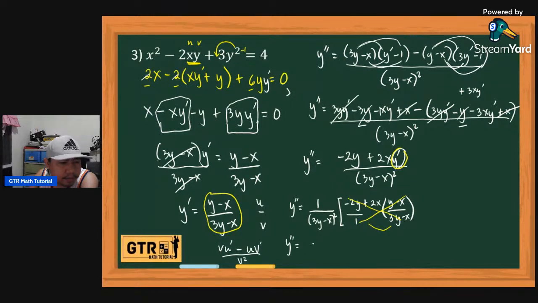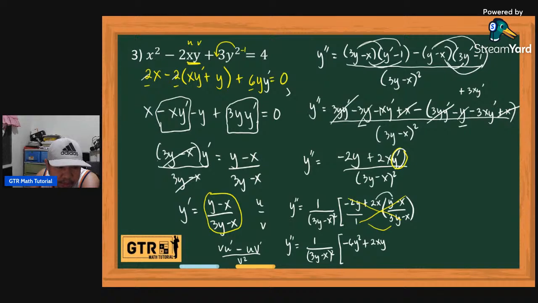So we have 1 over 3y minus x squared times, multiply negative 2y times 3y, which is equal to negative 6y squared. Negative 2y times negative x is positive 2xy.